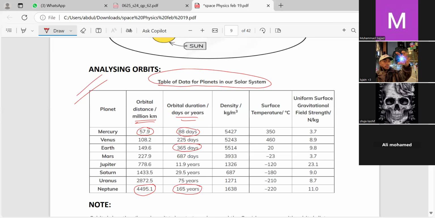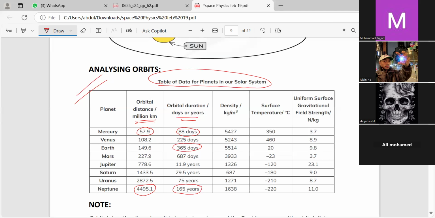Another reason, always remember, like you have seen in the case of the comet, as it approaches the sun, it moves faster. So for the planets closer to the sun, the gravitational pull of the sun is more, so orbital velocity is also more, so they move faster.